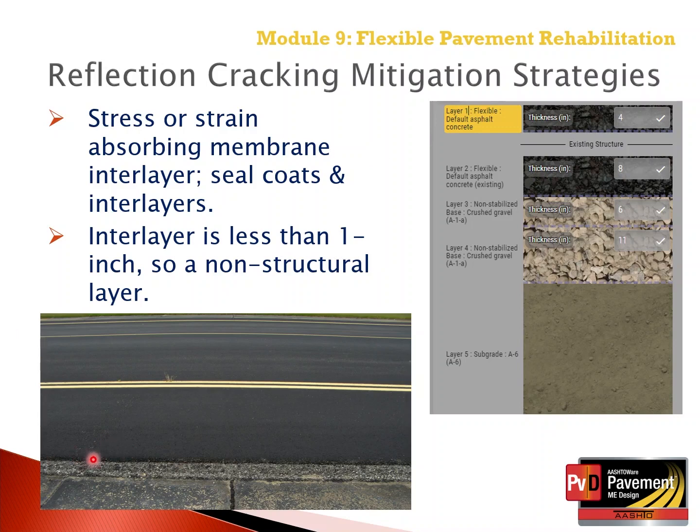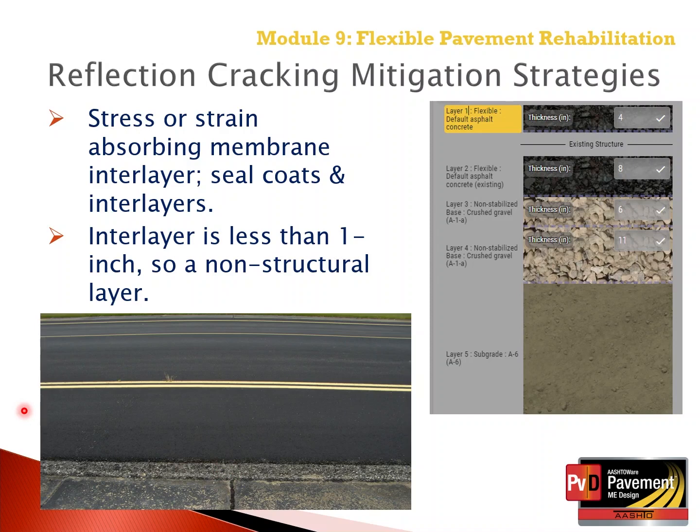And this just shows an interlayer that's been placed. Specifically, this is above a transverse joint in concrete pavements. And some of these engineered interlayers can be relatively effective in mitigating the reflection cracks through asphalt overlays.